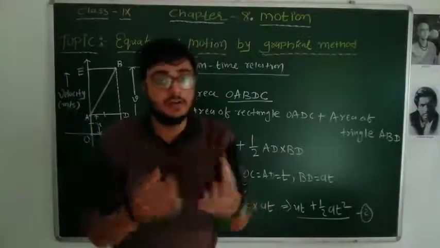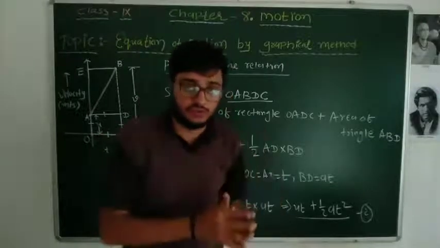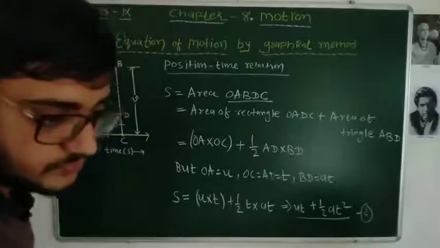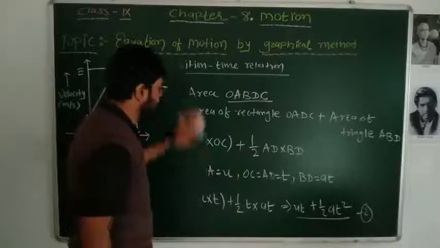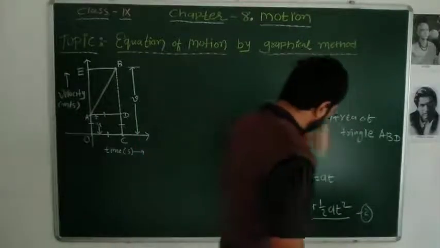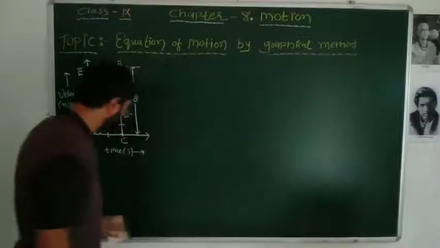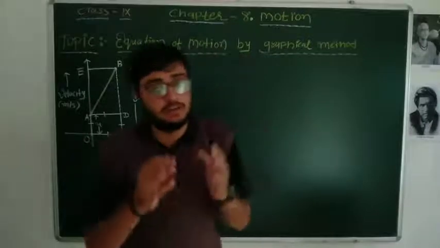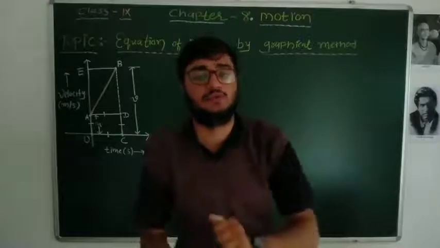Now we will derive the third equation of motion, which describes the position and velocity relation. It is the relation between the position and velocity.